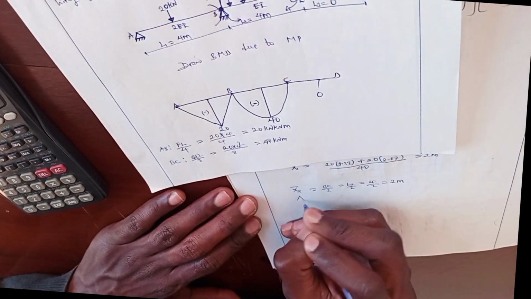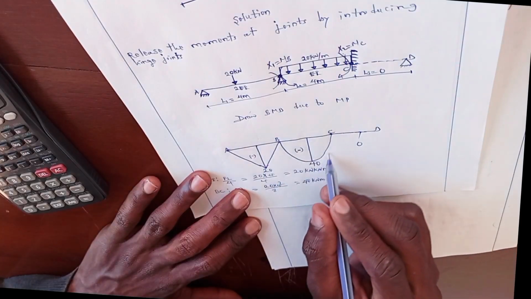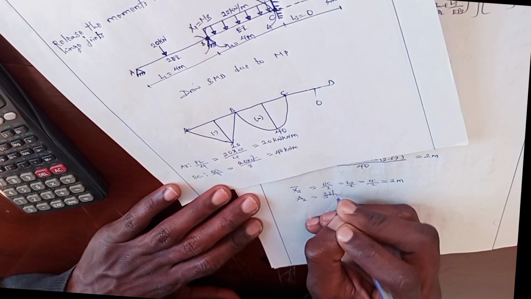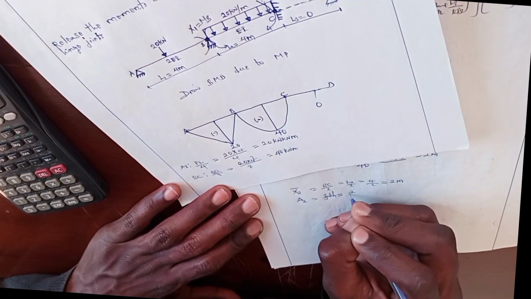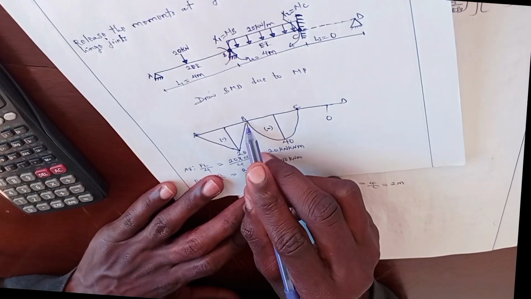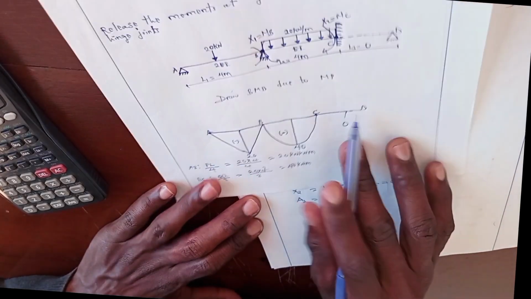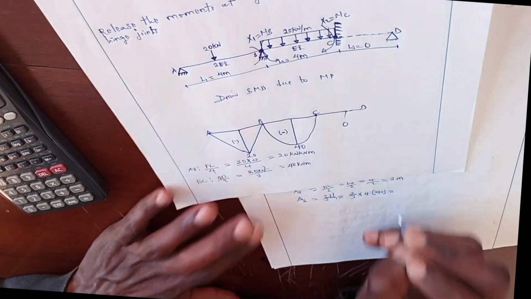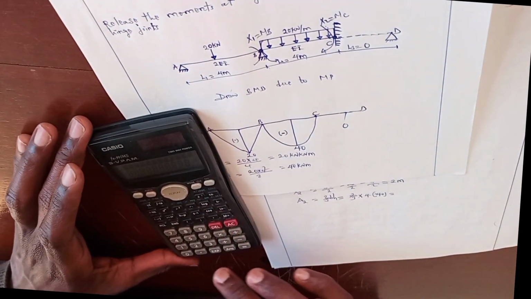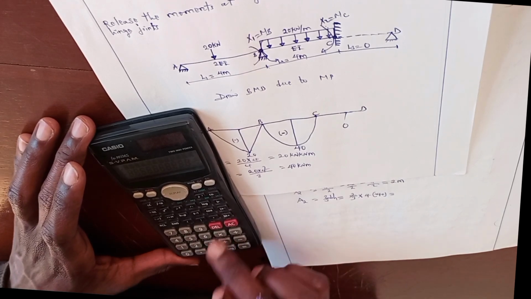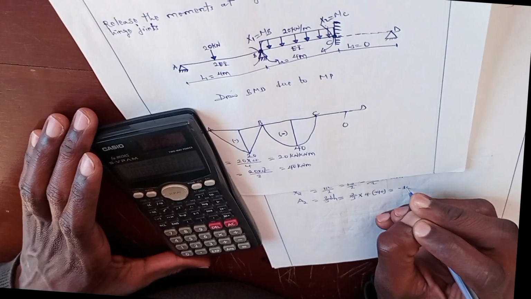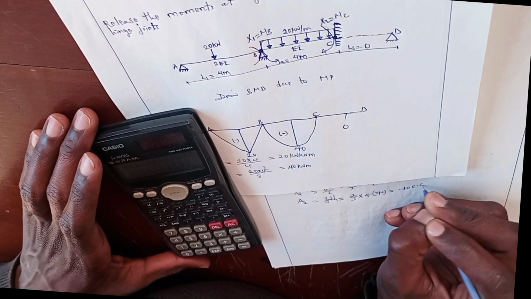To obtain the area of the bending moment diagram for member BC, the area is 2 over 3 times base times h. The base for member BC, from this point to this point, is 4, and h is negative 40. So it will be 80 divided by 3 times 40, which is negative 106.67. This is area 2.